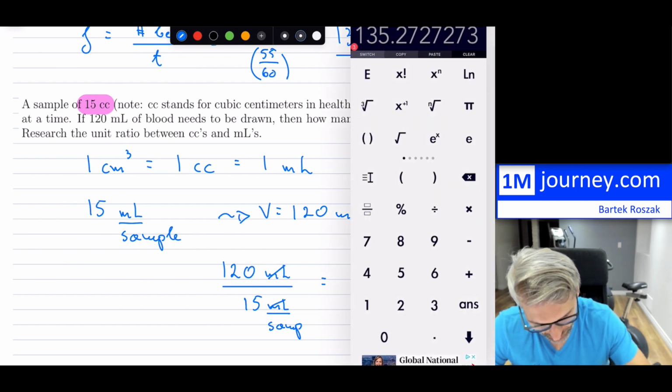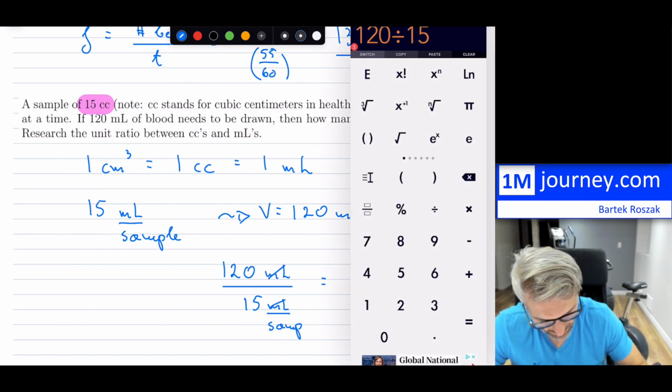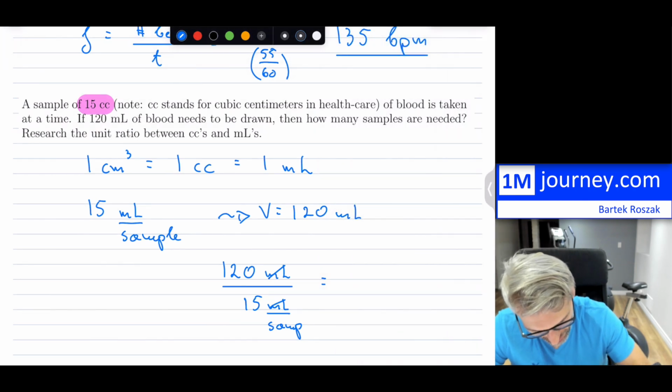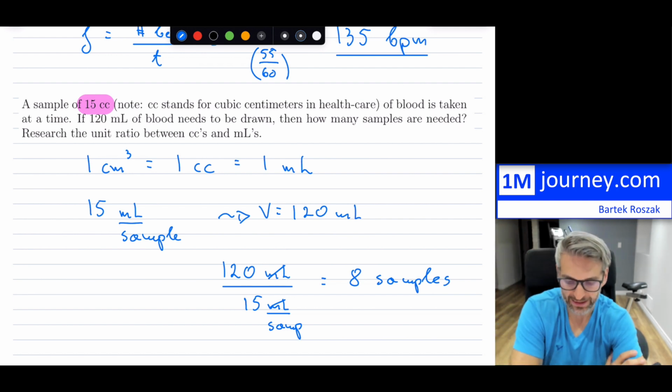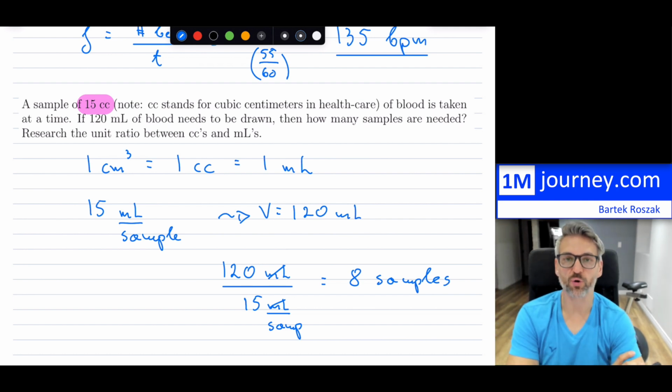We can do that in our heads as well, so we would need 8 samples. For this one, you don't have to worry about significant figures because we're just counting. So it's 8 samples.